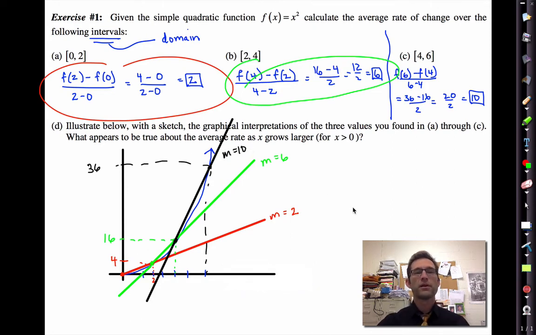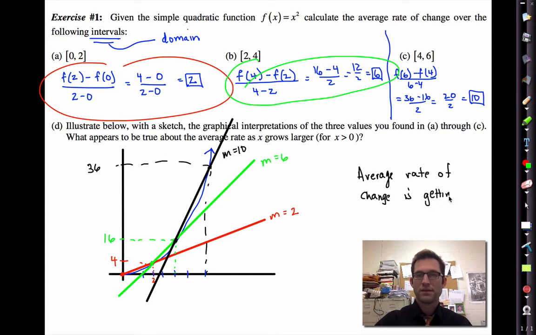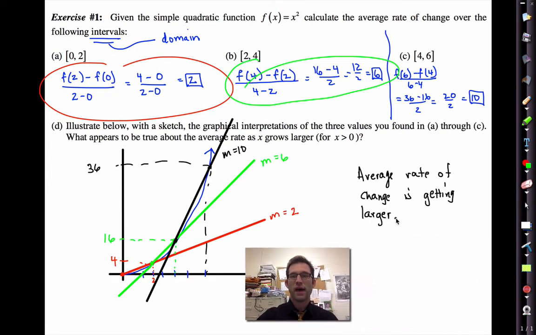Now I think it's probably clearly obvious that the average rate of change is getting larger. Now the real question is, why is that?